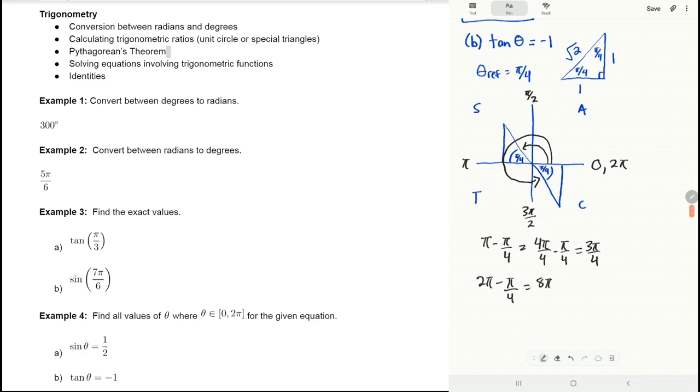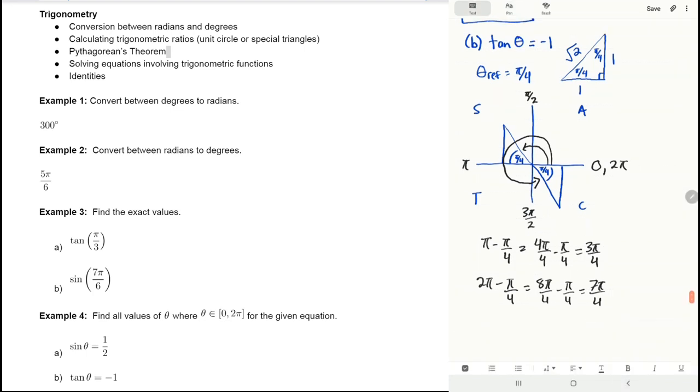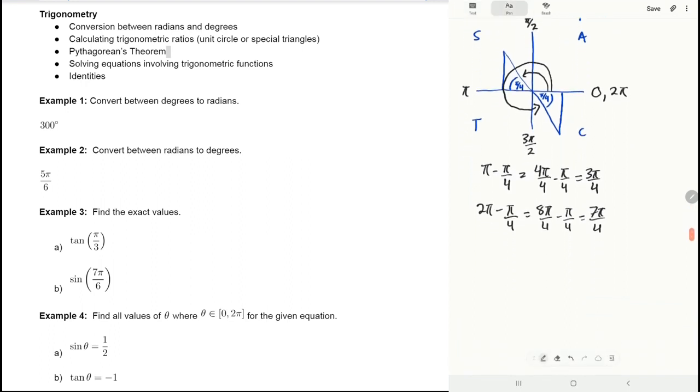So 8 pi over 4 minus pi over 4 gives us 7 pi over 4. So the solutions to our equation are going to be 3 pi over 4 and 7 pi over 4.